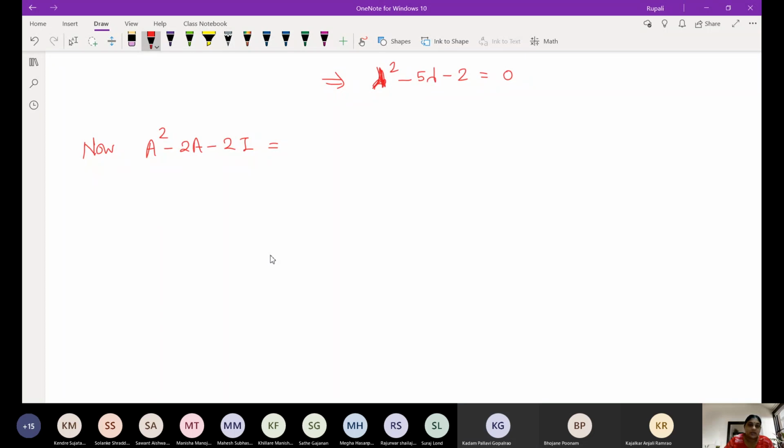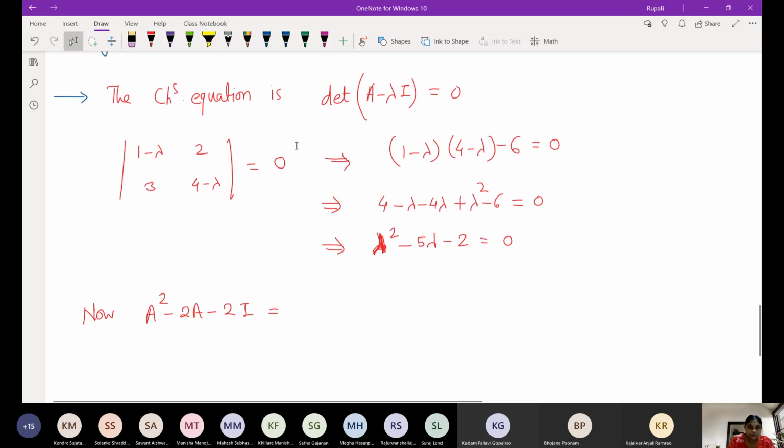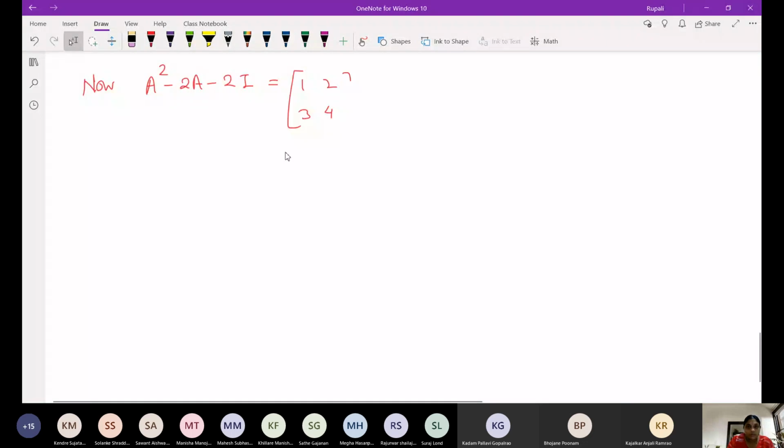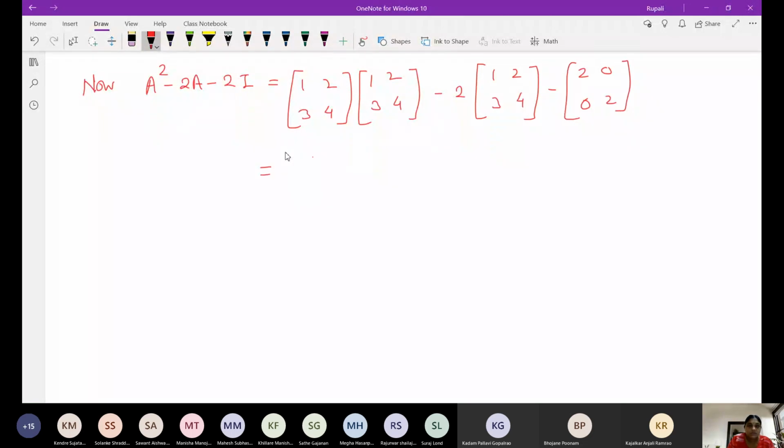If A is this matrix [1, 2; 3, 4], then A square minus 5 times [1, 2; 3, 4] minus 2 times [1, 0; 0, 1]. If you check, you will get this as 0, 0, 0, and hence Cayley-Hamilton theorem is verified.